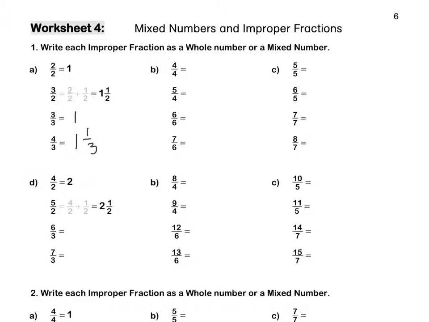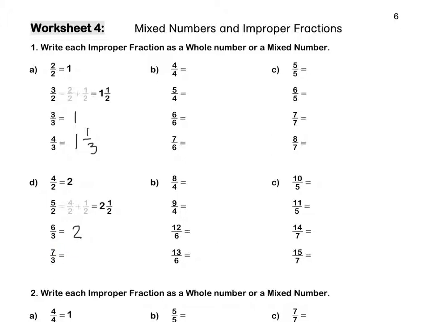Question D. 4 halves is equal to 2. We can check by saying 4 divided by 2 is 2. Therefore, 5 halves is going to equal 2.5. 5 divided by 2 is 2, remainder 1/2. 6/3 is 2 wholes because 6 divided by 3 is 2.